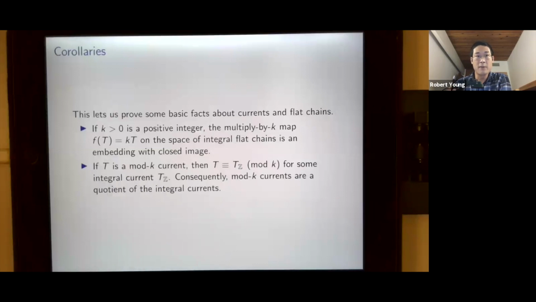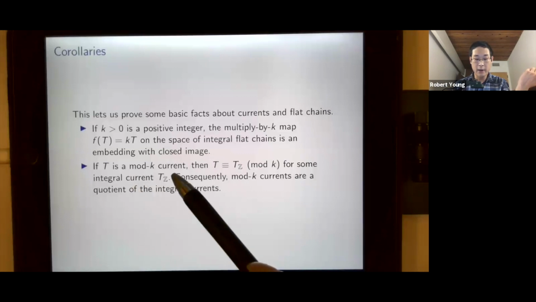that means you can take the quotient by it. And so one thing you can do with this is you can show that if t is a mod k current, then t is congruent to an integral current mod k. Again, this seems obvious. It seems like you should define the mod k currents to be the integer currents mod k. And in fact, you can find a couple of places in the literature where people try to do this without realizing what can go wrong. But the problem is that, well, currents are limits of polyhedral chains.